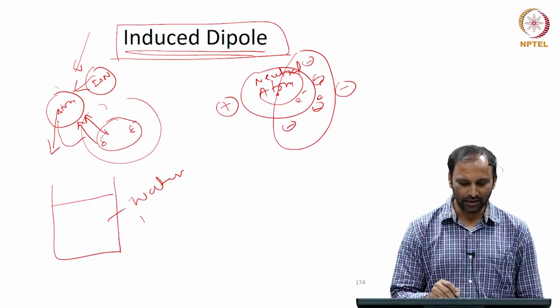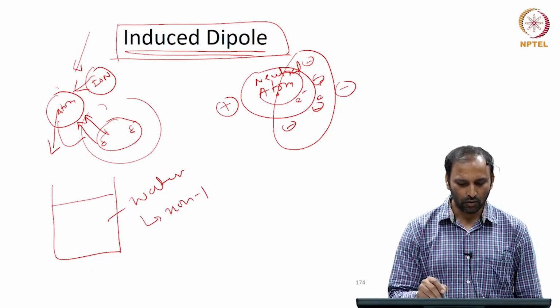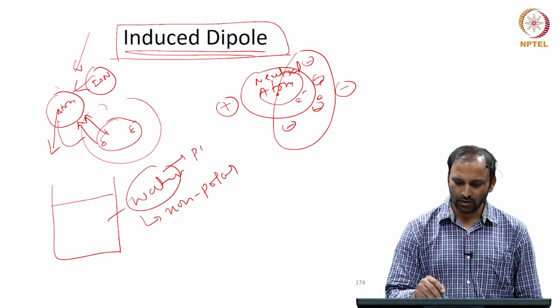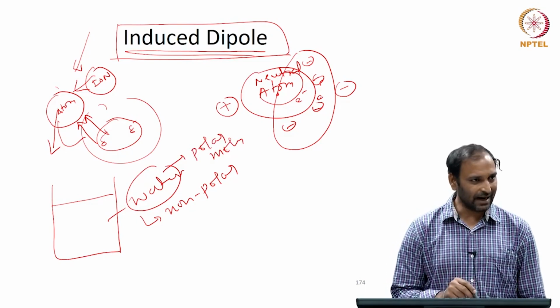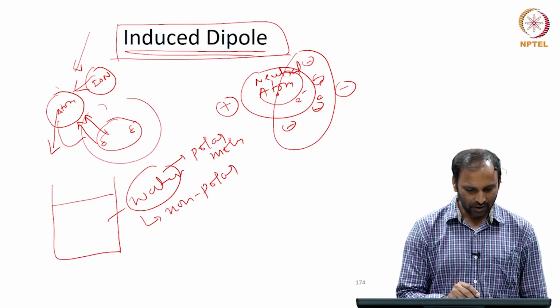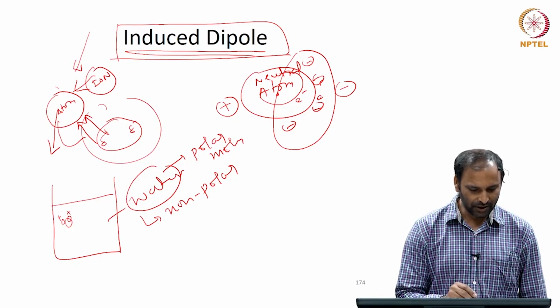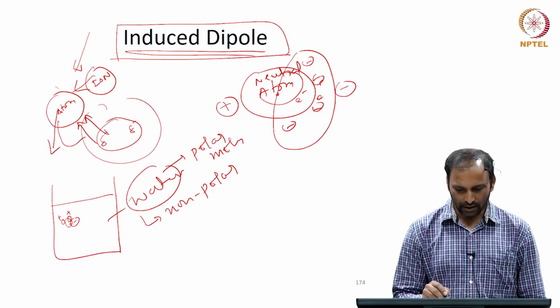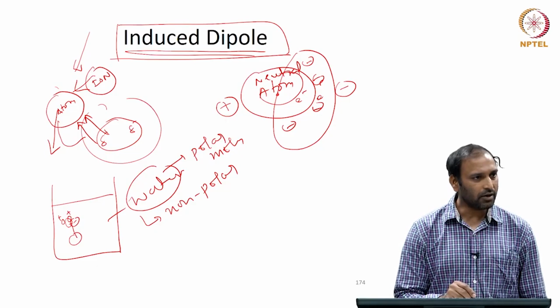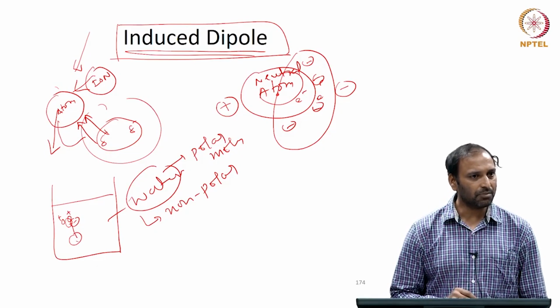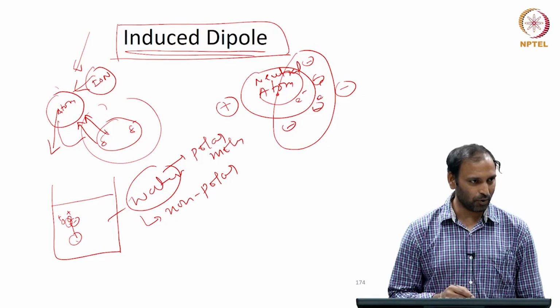They are what are called non-polar, and water is an example of a polar molecule. So you have some molecules which have a permanent dipole, and some non-polar species which do not have any charge. Therefore, you can think about an interaction between a permanent dipole and an induced dipole.